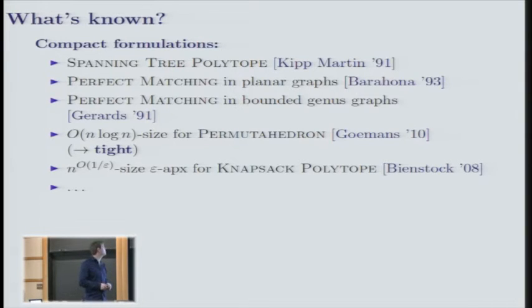Other examples include the perfect matching polytope in planar graphs and graphs with bounded genus. And also for the permutahedron, you can get a very efficient representation if you allow some extra variables.